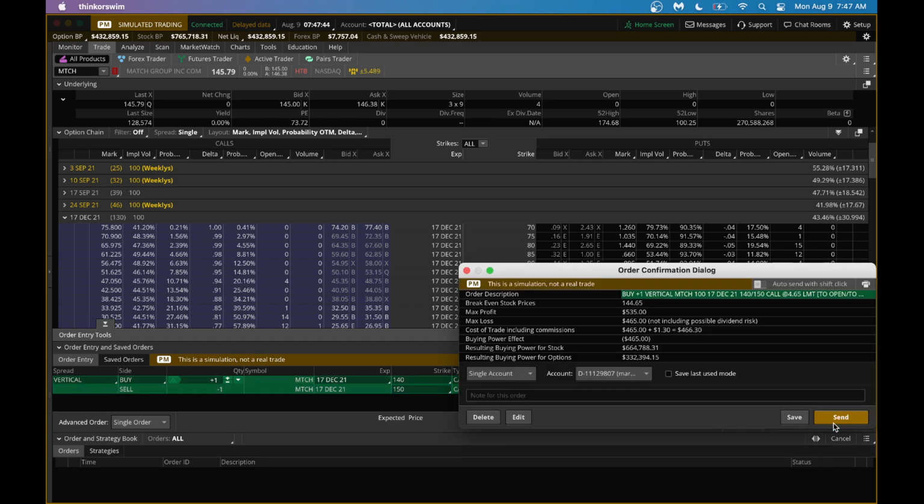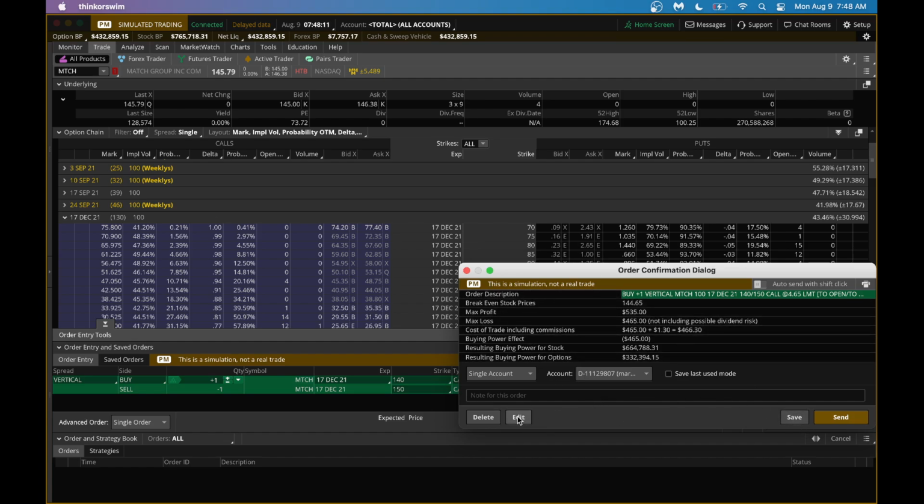If you confirm and send, you're paying 465 to make 535, a more than doubling your money type trade. And if the stock goes above 144.65, which is below the current stock price, you'll make money. So this is a conservative play. You could play this game and go from there.